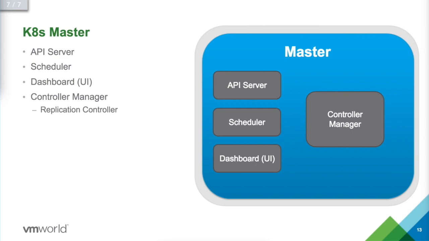As a remediation measure, controller manager will request the scheduler to schedule the missing pod somewhere in the cluster. It is up then to the scheduler component to pick the right worker node. But at the end, 5 out of 5 replicas will always run for the Nginx pod.